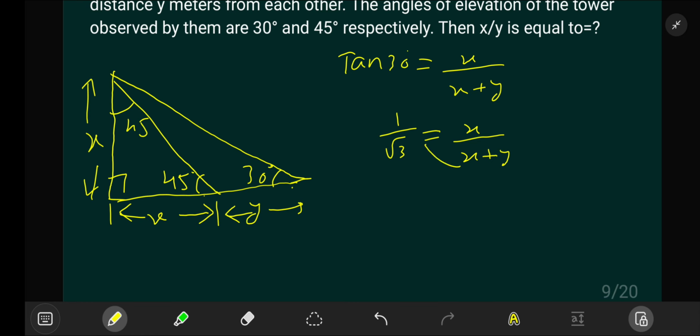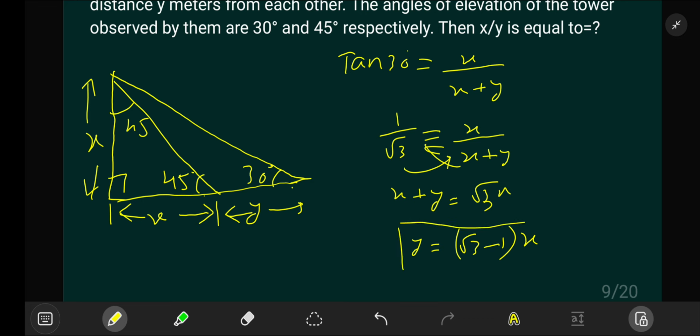Now cross multiply: x plus y is equal to root 3 x. Now y is equal to root 3 minus 1 into x. This is the y value.